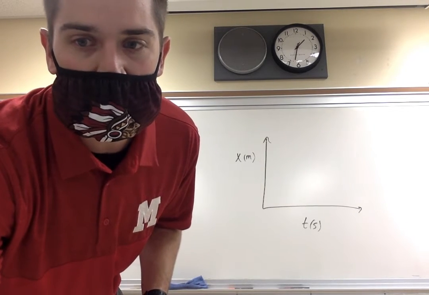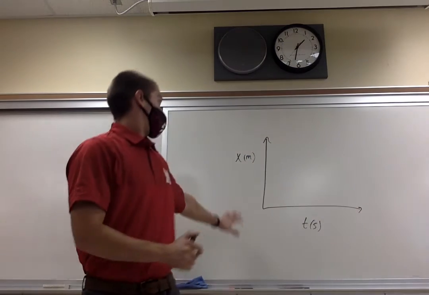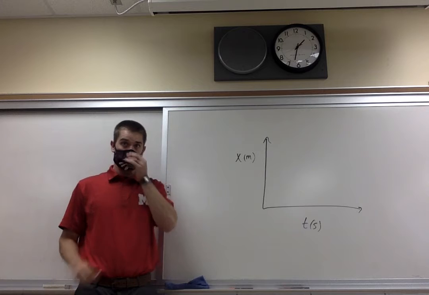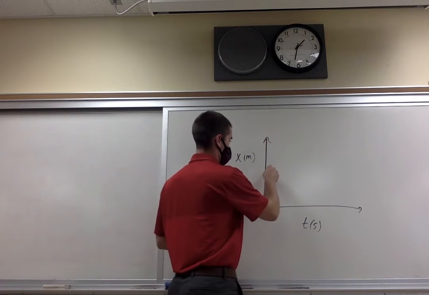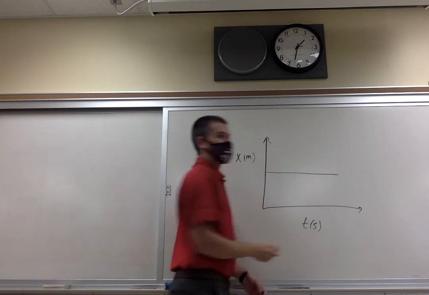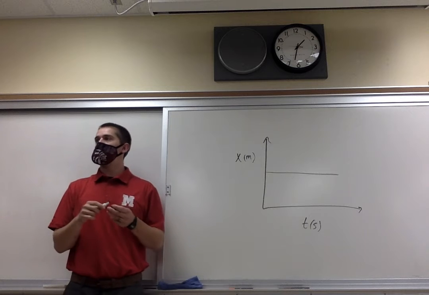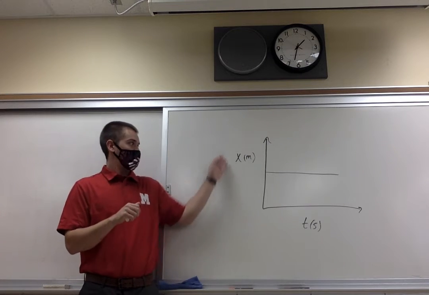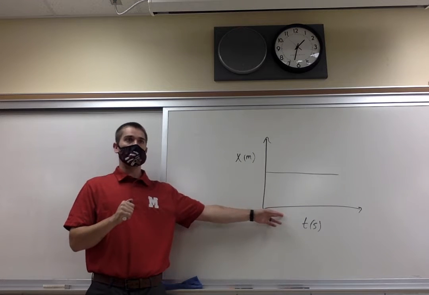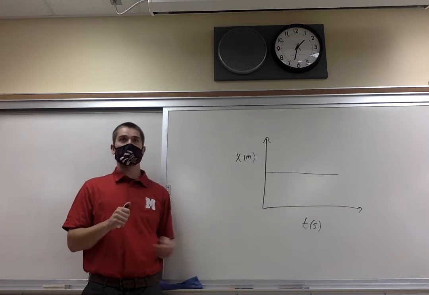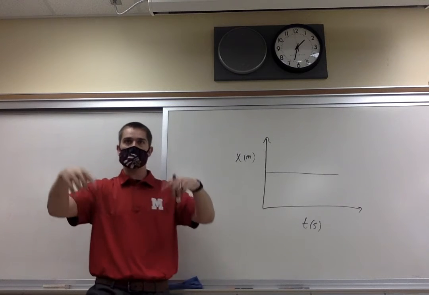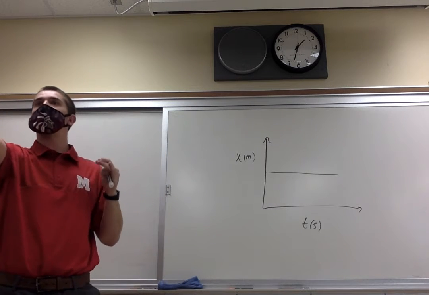When I draw this graph, what do you guys think this is telling you? You might not know that, and that's okay. I'm starting from scratch, and this is one of the starting points that we'll do. What do you think this graph is telling you? And explain, don't just tell me, but explain how you know that, or how you think that.